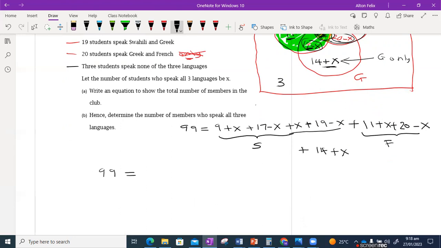Let's add up all the numbers here. 9 plus 17, that's 26. 26 plus 19 is 45, plus 20, that's 65, plus 14, that's 79, plus 11, that's 80.